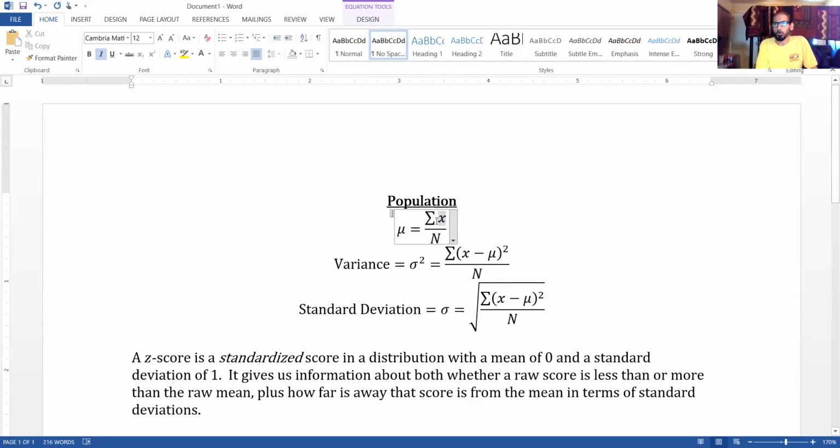If all of these were about pulse rates in beats per minute, then the sum would be in beats per minute. But there wouldn't be any unit for how many. So when you divide a total in beats per minute by something without any unit, then your mean is going to be in beats per minute.